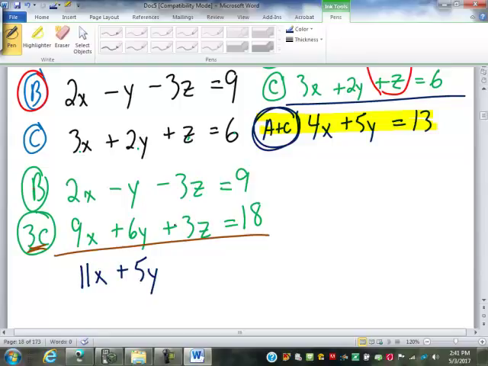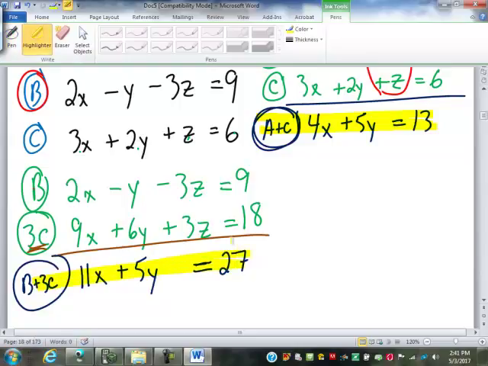The z's cancel out again. Equals 9 plus 18, 27. Good. So this is equation B plus 3 times equation C. So there is my second two-variable equation for my two-variable system.